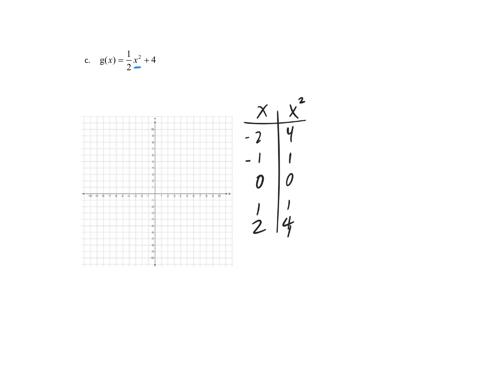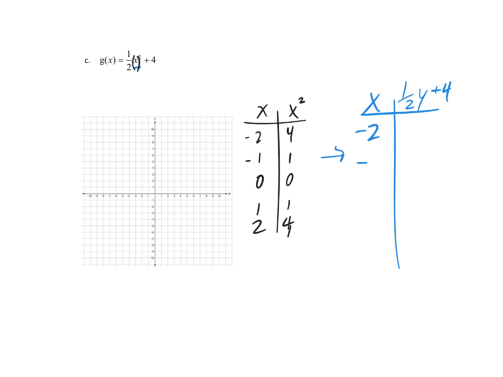Now, there is nothing inside of here with this x, and so both of these changes are happening to the y values. So leave that x value alone. We've got 1/2 y plus 4. And so what we're going to do is divide by 2, or multiply by 1/2, and then add the 4 to that afterwards.